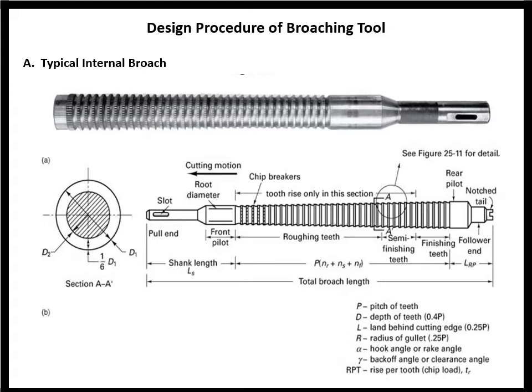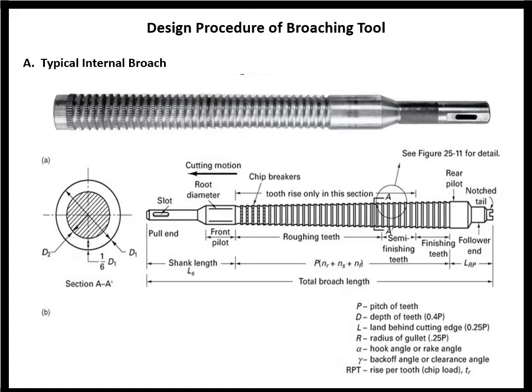From the schematic diagram we have to identify the cutting motion of the broaching tool. Since the cutting motion is towards the left, the pull end will be at the left if it is a pull type broach. That means the other end will be the follower end.